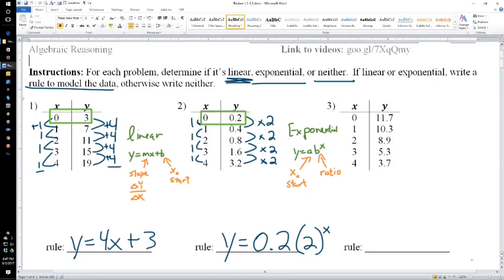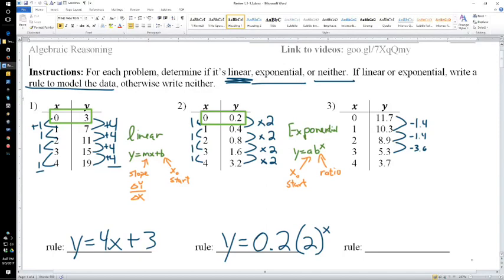So we'll try subtracting. 10.3 minus 11.7 is negative 1.4. 8.9 minus 10.3 is also negative 1.4. Okay, so we're on a roll here. 5.3 minus 8.9 is negative 3.6.